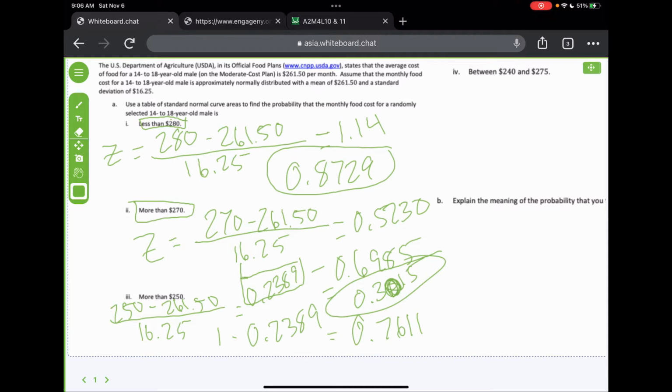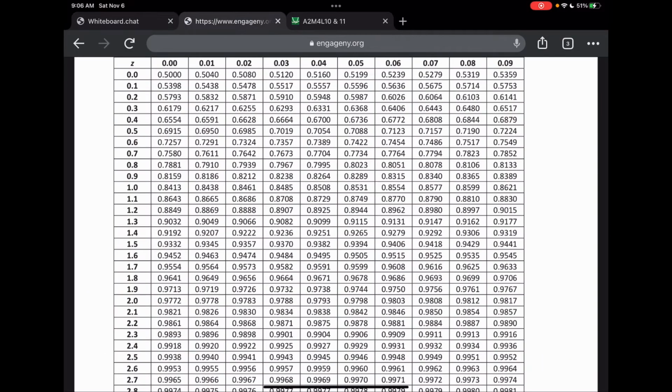So the actual z-score was, let me find it here for you first, 250 minus 261.5 divided by 16.25. The z-score was actually 0.707. Well, we can leave it at that because we're going to round it to 0.71, and it was negative.